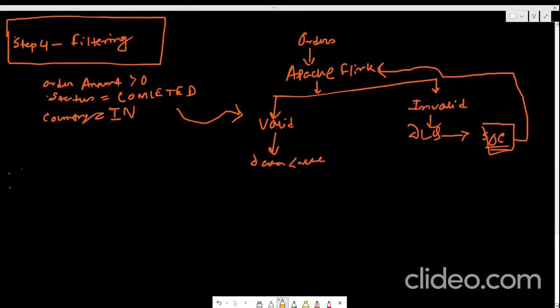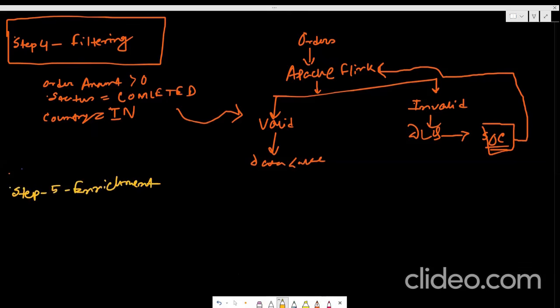Now we will discuss step 5. What is enrichment? This is one of the most important parts of real-time ETL.